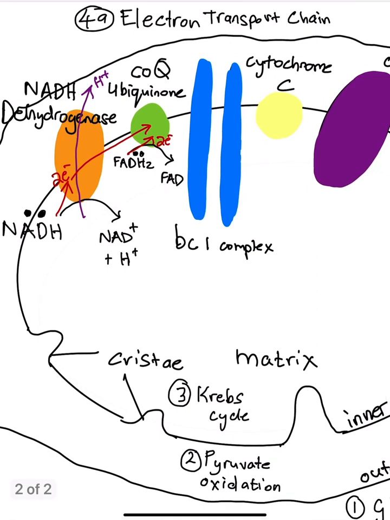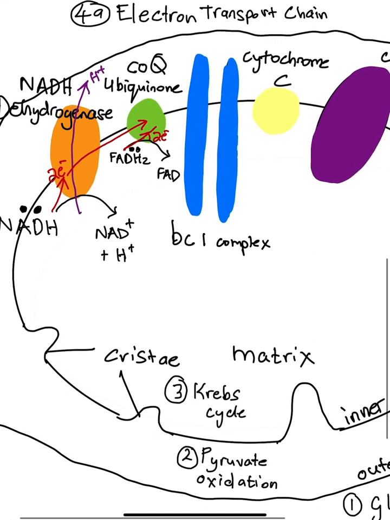The electrons will continue on their path and next be pumped through a hydrogen channel called the BC1 complex. When this happens, a proton is also pumped through this hydrogen channel into the intermembrane space.